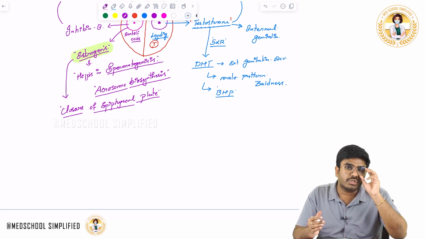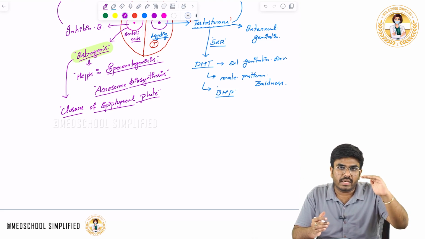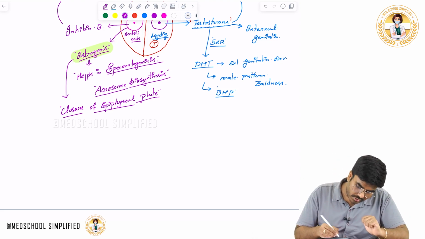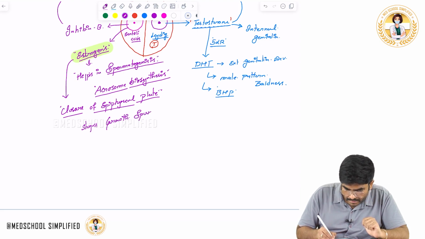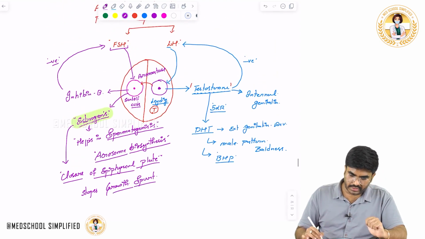So who stops the increase in the length of the bones? It's the estrogen. Estrogen causes the closure of epiphyseal plates, so it stops the growth spurt. These are some important points which I want you to know in the male physiology.